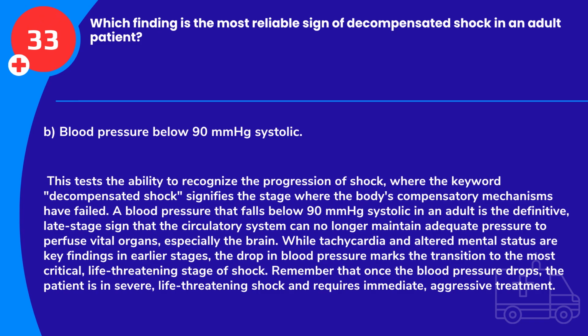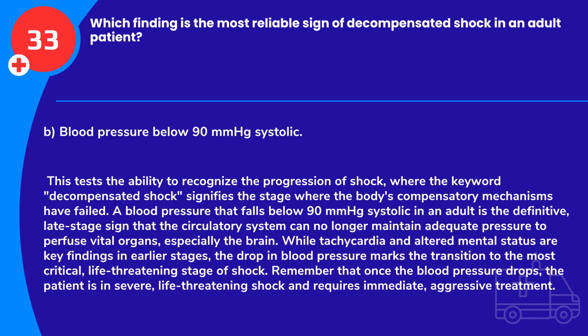Answer. B. Blood pressure below 90 millimeters of mercury, systolic. This tests the ability to recognize the progression of shock, where the keyword decompensated shock signifies the stage where the body's compensatory mechanisms have failed. A blood pressure that falls below 90 millimeters of mercury, systolic in an adult is the definitive, late-stage sign that the circulatory system can no longer maintain adequate pressure to perfuse vital organs, especially the brain.